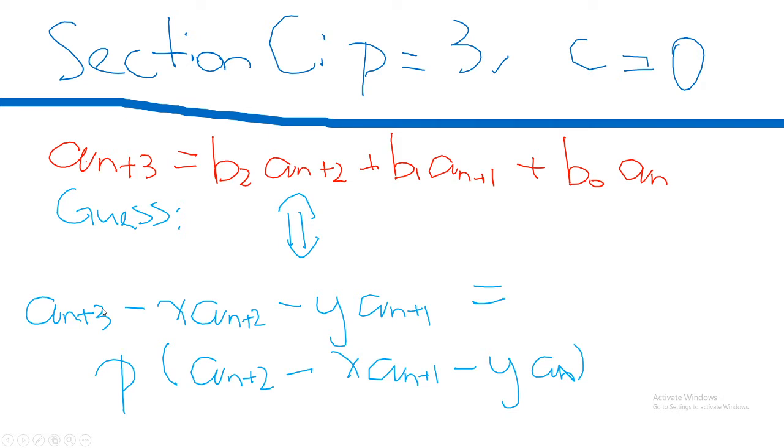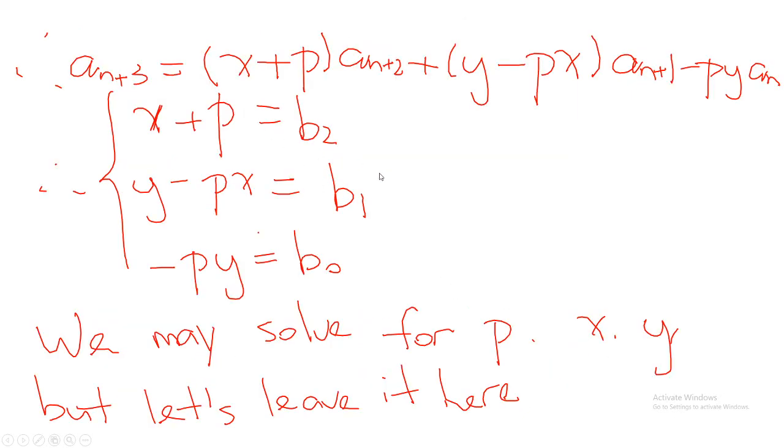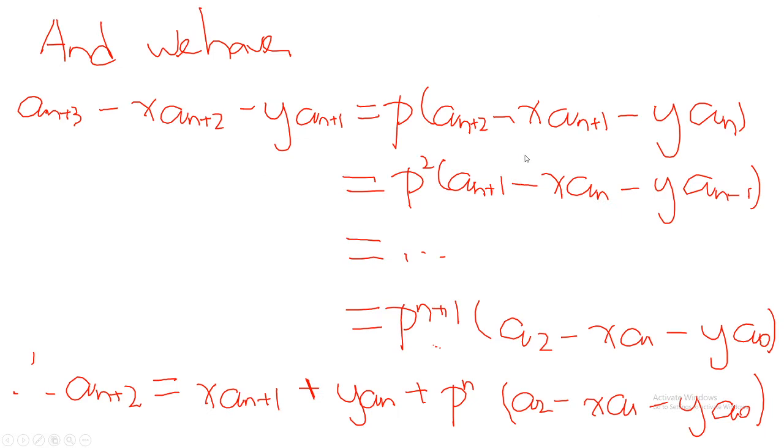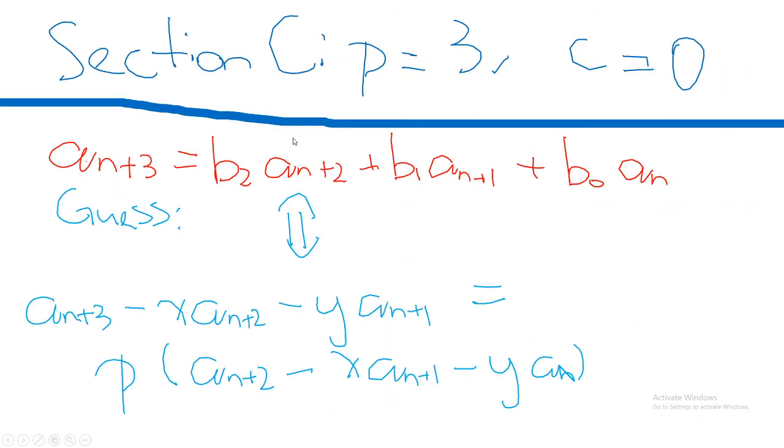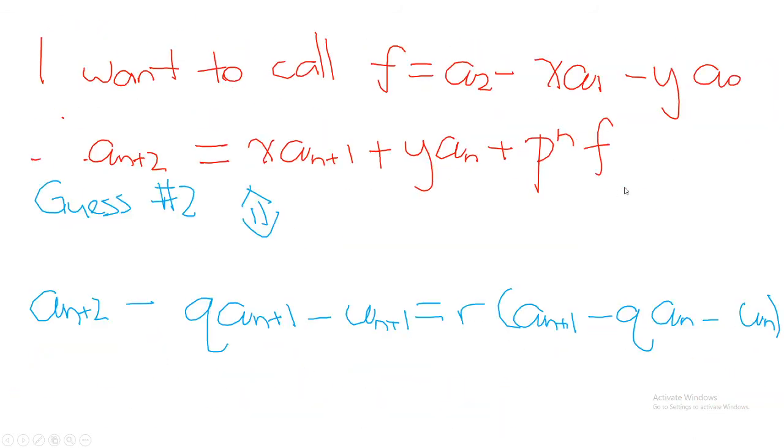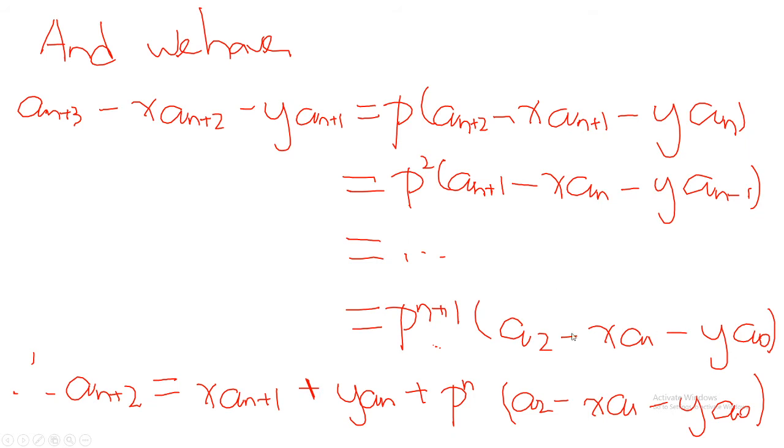We want this thing to be identical to this thing where x, y, and p are constants that we may pick. So when these two equations are identical, we can use this technique called An elimination to eliminate one of the unknowns and to simplify the problem.